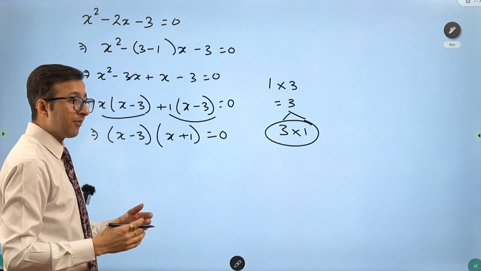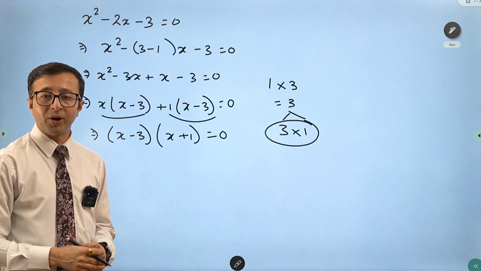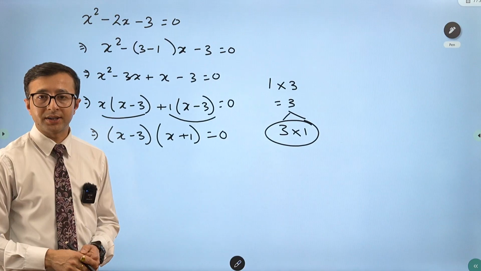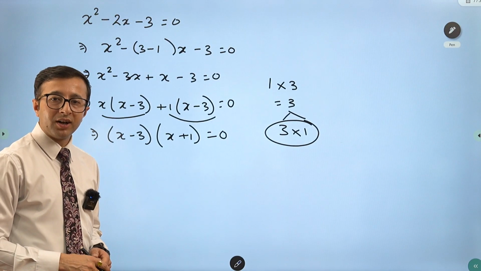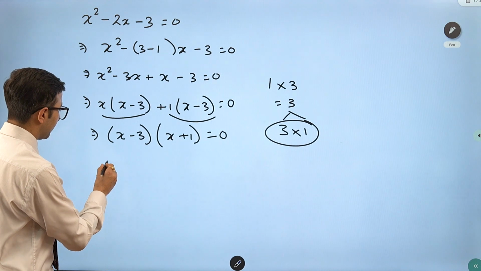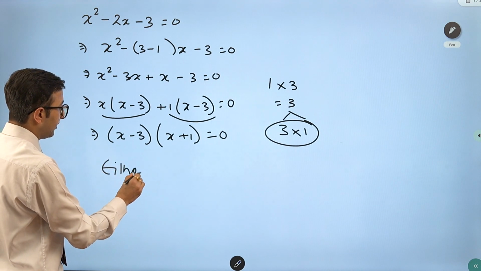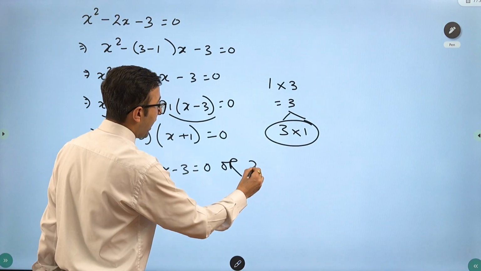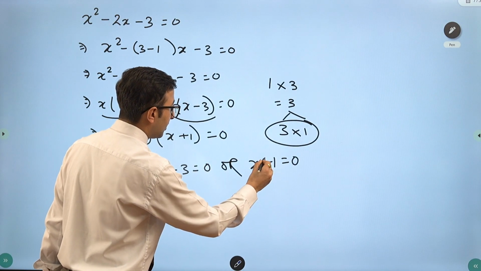And we already know that if the product of two numbers is 0, then one of the numbers must be 0, or both the numbers can be 0. So we write either x minus 3 is equal to 0 or x plus 1 is equal to 0.